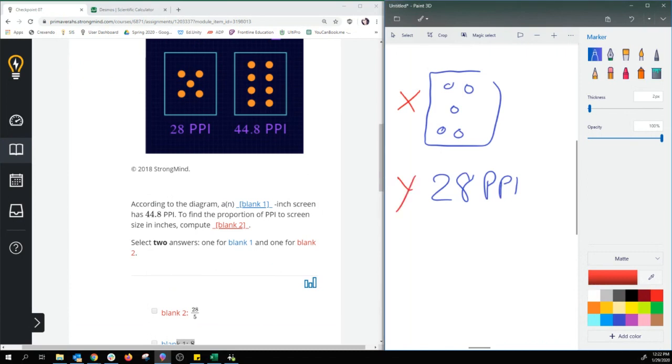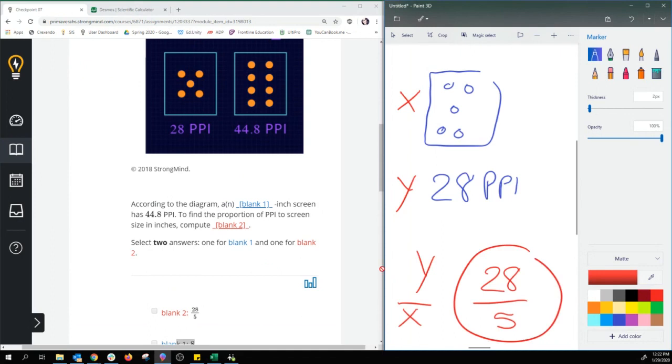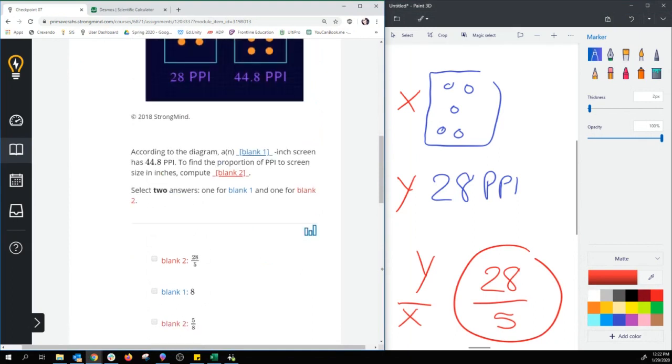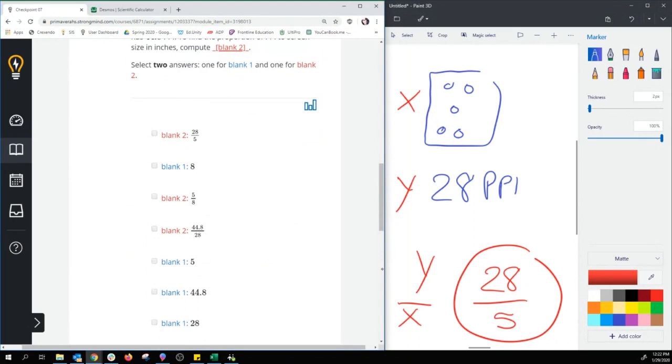So it's alphabetical from top to bottom, which means when I write my Y over X, I'm actually going to have 28 over 5. So I would want to pick blank 2, which has the 28 over 5.